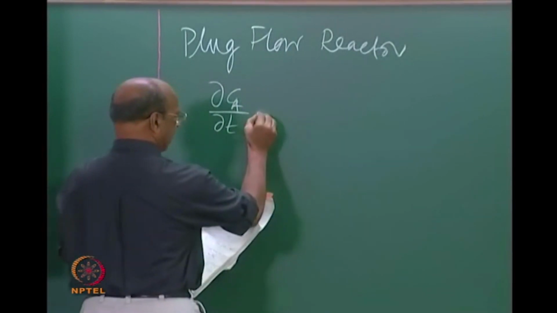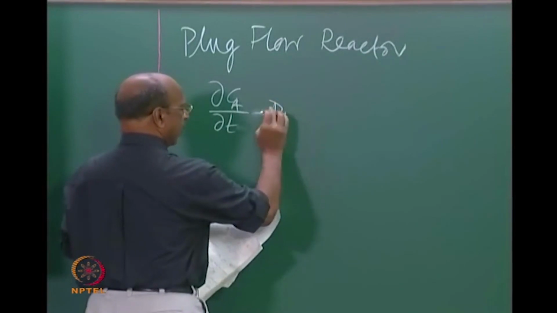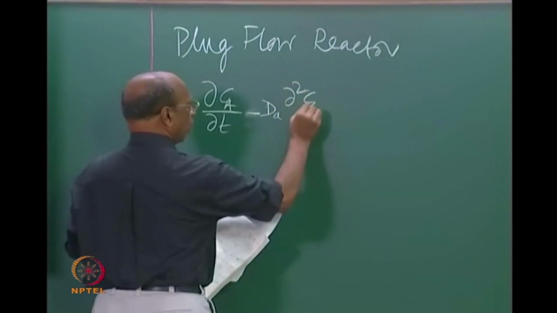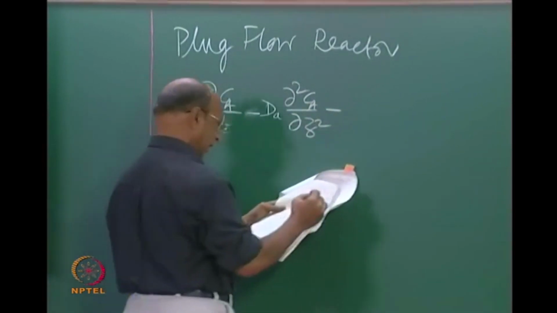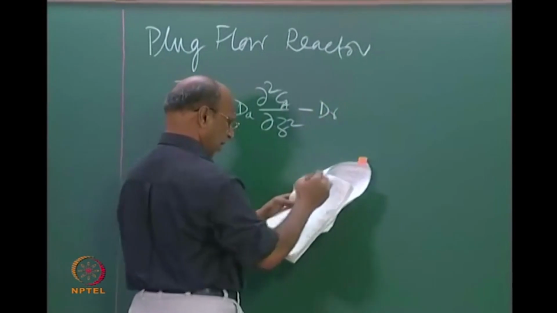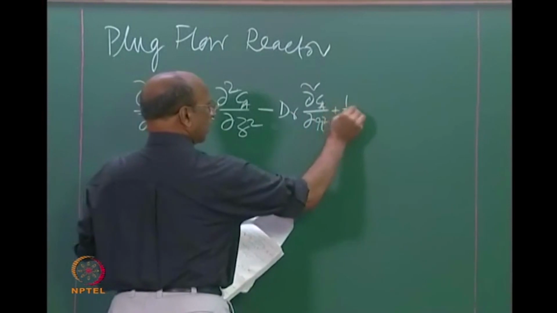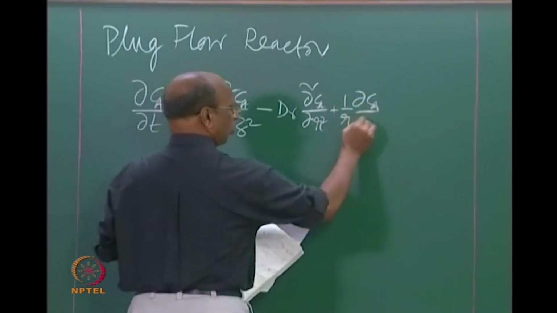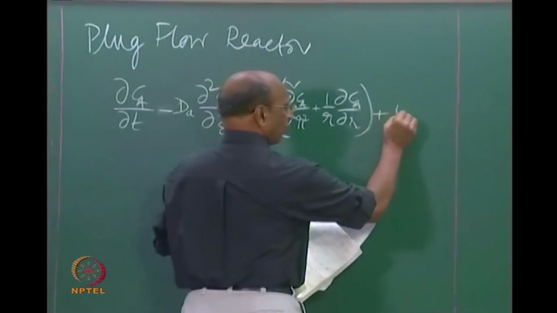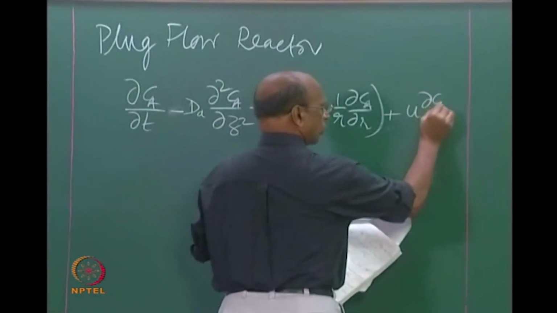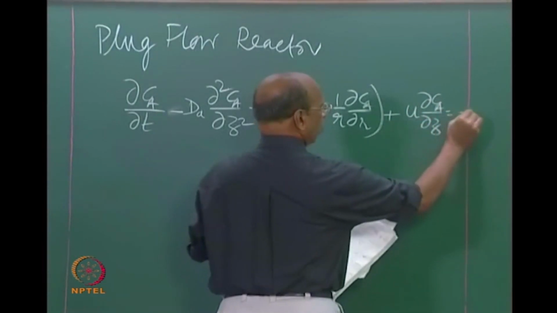Okay, I think I will write everything together. Minus dA ∂²Ca/∂z² minus dr (∂²Ca/∂r² + 1/r ∂Ca/∂r) plus u ∂Ca/∂z equal to minus Ra.